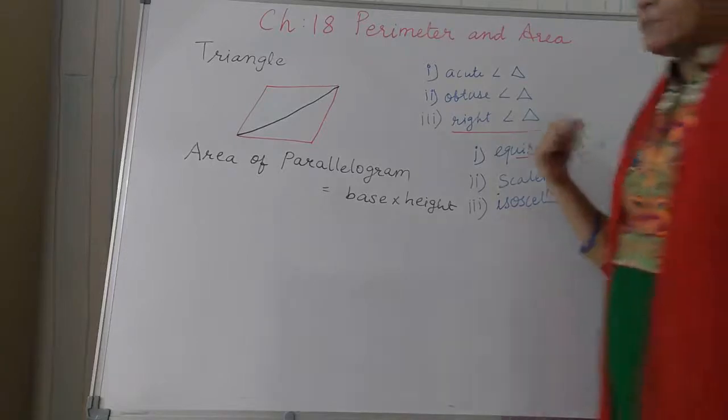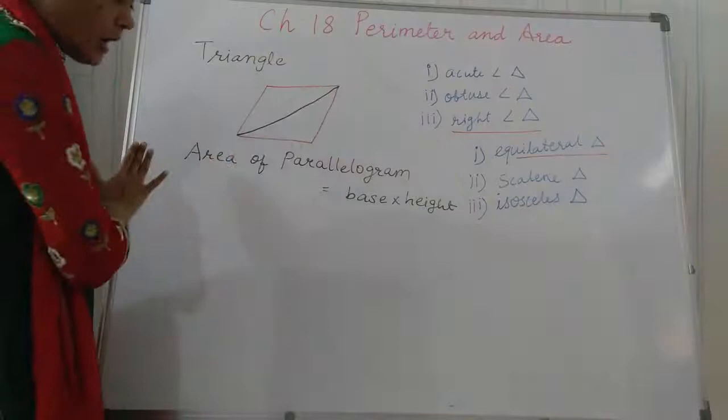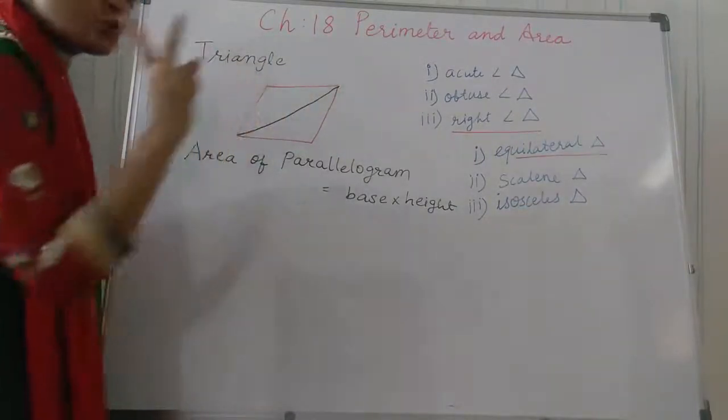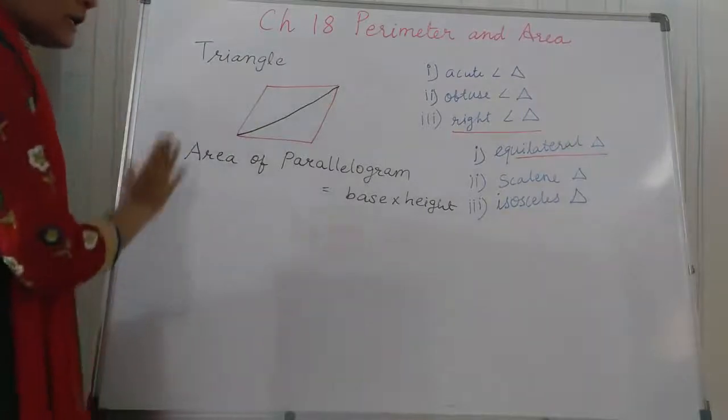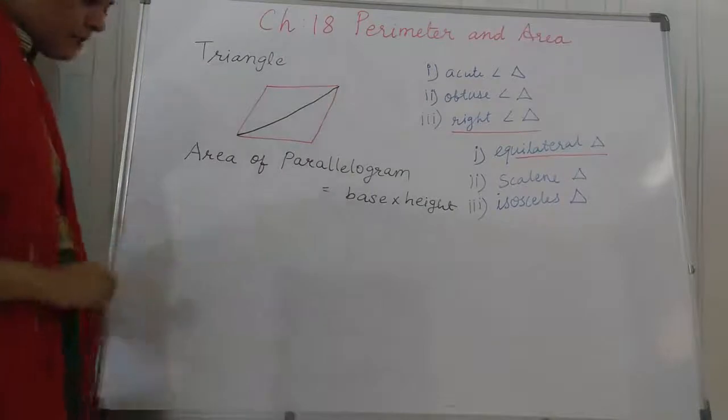So let us study. Now, what I said is that if you have a parallelogram and you cut it diagonally, you will get 2 triangles, right? In the last video, the area of a parallelogram is base multiplied by height.